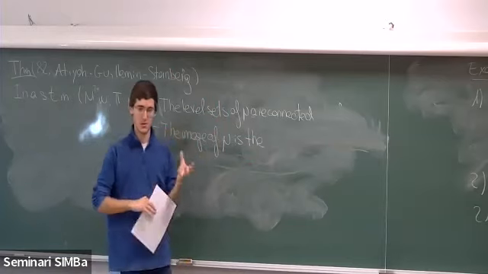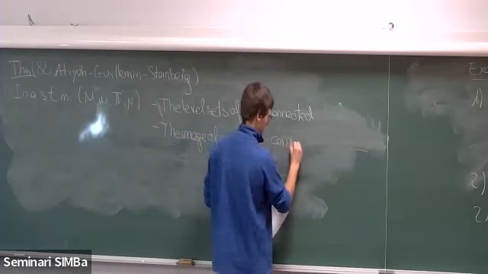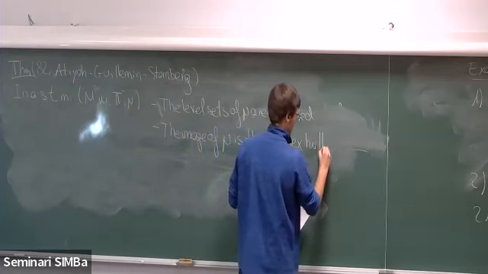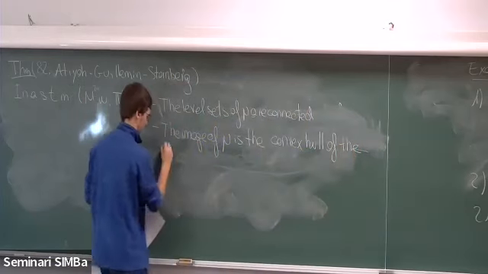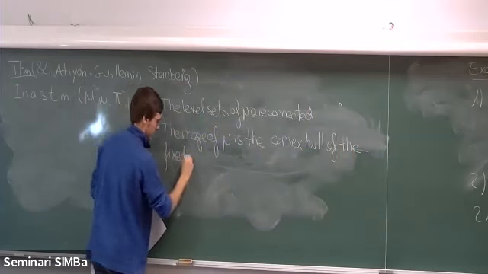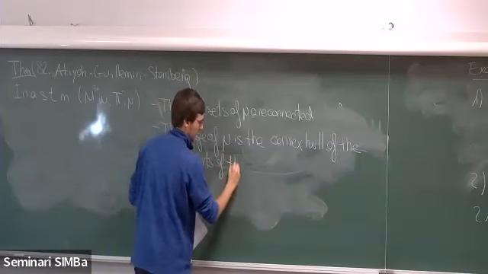This is called the convex hull. So the image of mu is always the convex hull of the fixed points of the toric action.